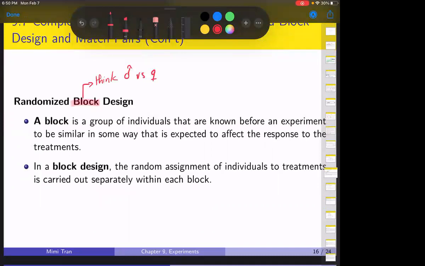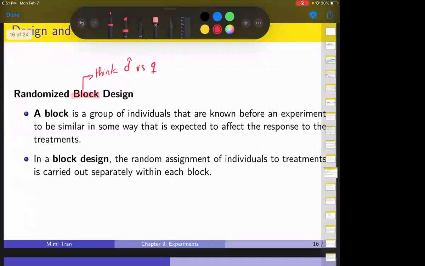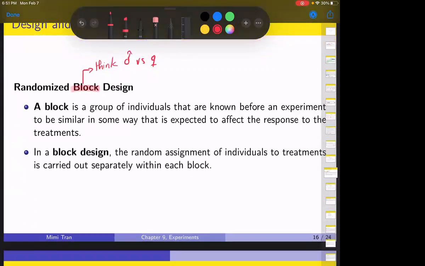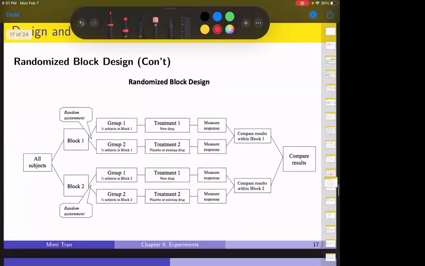In a block design, the random assignment of individuals to treatments is carried out separately within each block. That's why they call it a block design. Each group is assigned to the treatment separately, and we measure separately within each block. Okay, so here is the graph of the randomized block design.